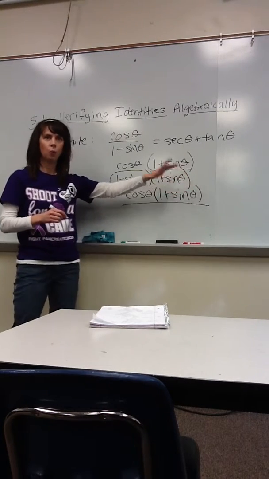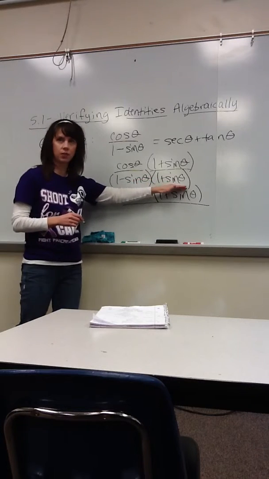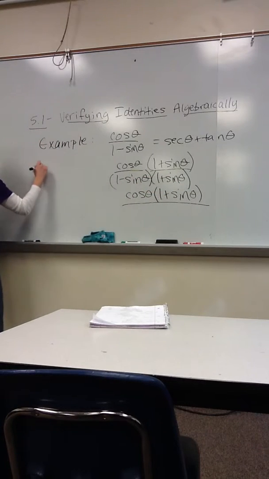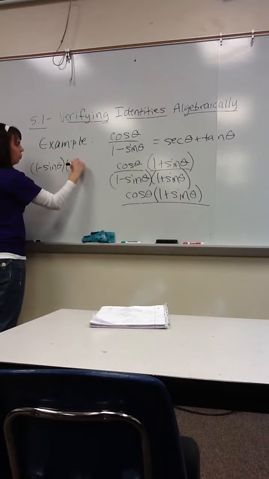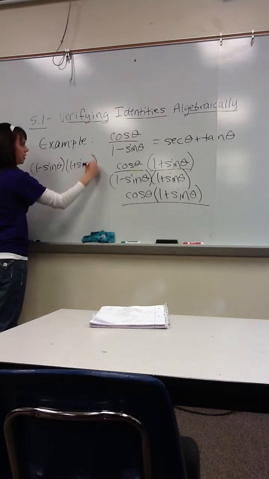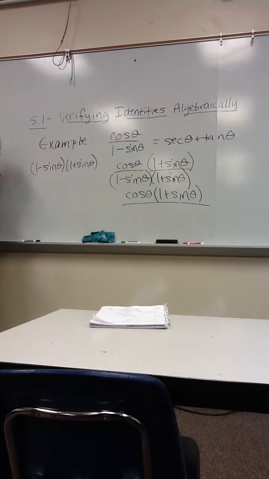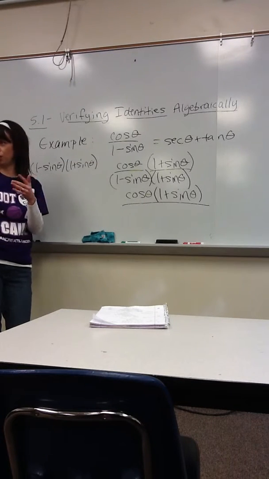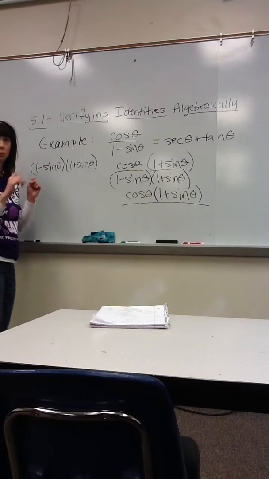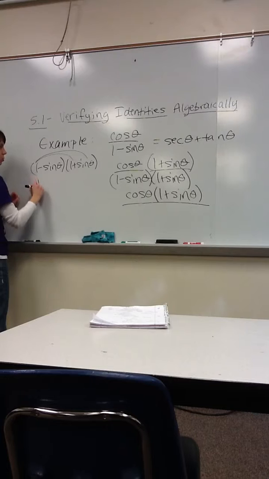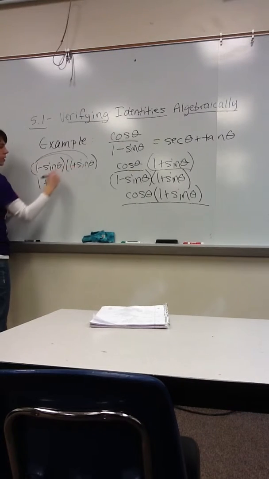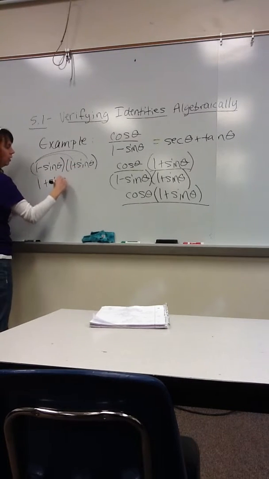Now, when you multiply these two things, 1 minus the sine of theta times 1 plus the sine of theta, some of you are able to recognize that your middle terms are going to just cancel out. But I'm going to do it again for those of you that aren't quite there yet. 1 times 1 is 1. 1 times the sine of theta is the sine of theta.